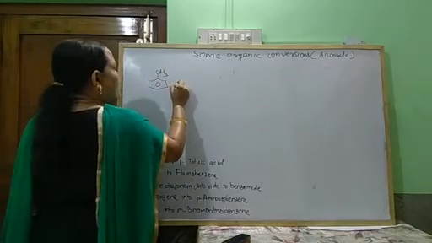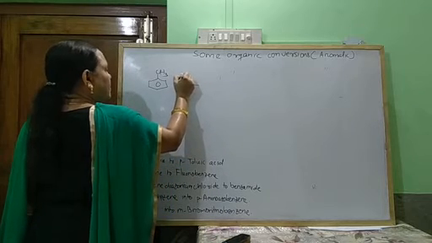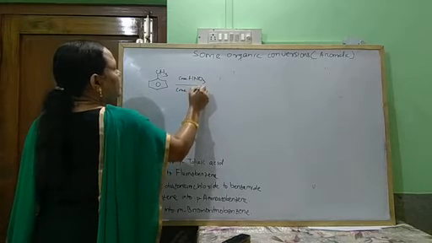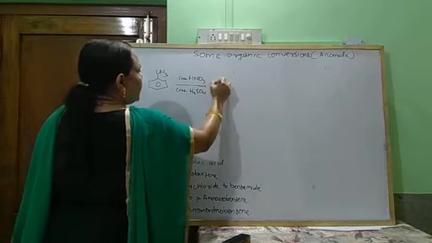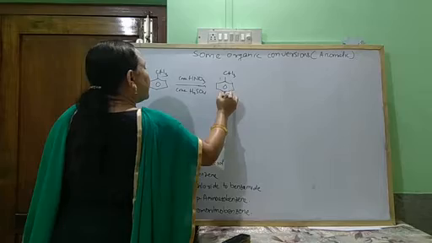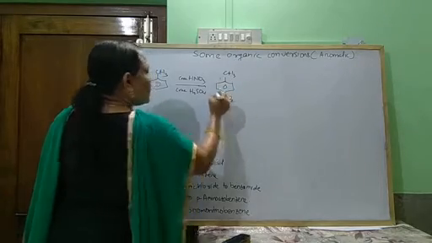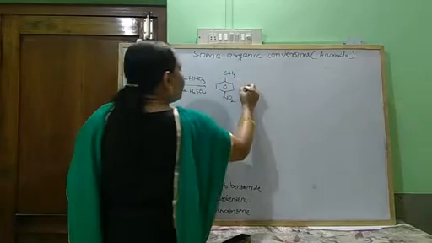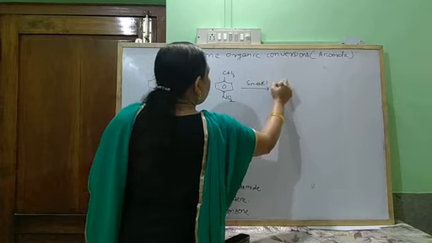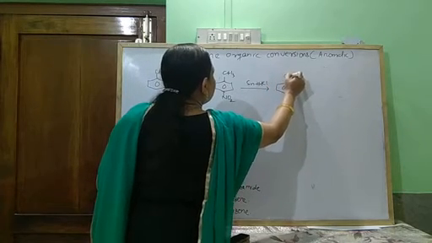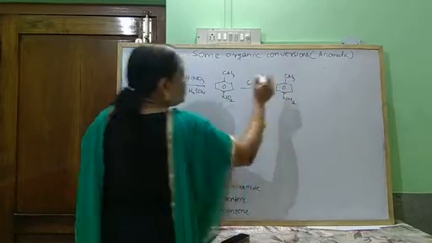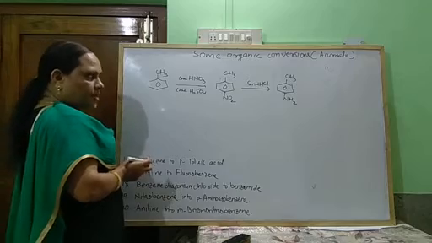So toluene, when it undergoes nitration with concentrated nitric acid and concentrated sulfuric acid, it forms the major product para-nitrotoluene. And this para-nitrotoluene, when reduced with tin and hydrochloric acid, it forms para-aminotoluene, or we can say toluidine.